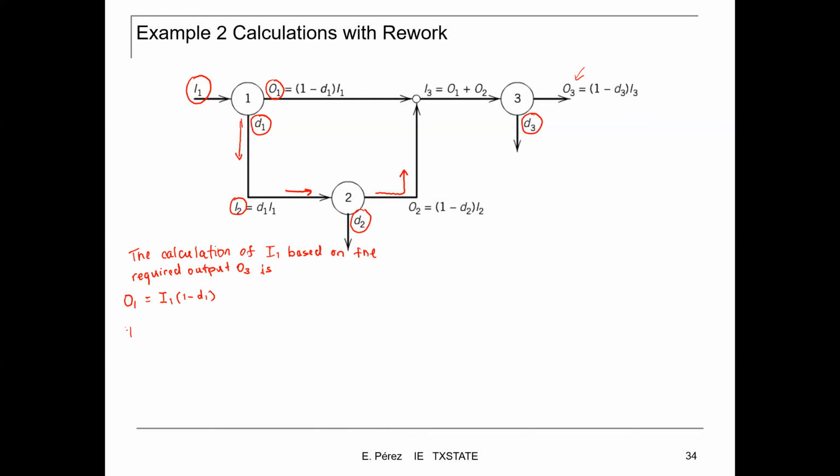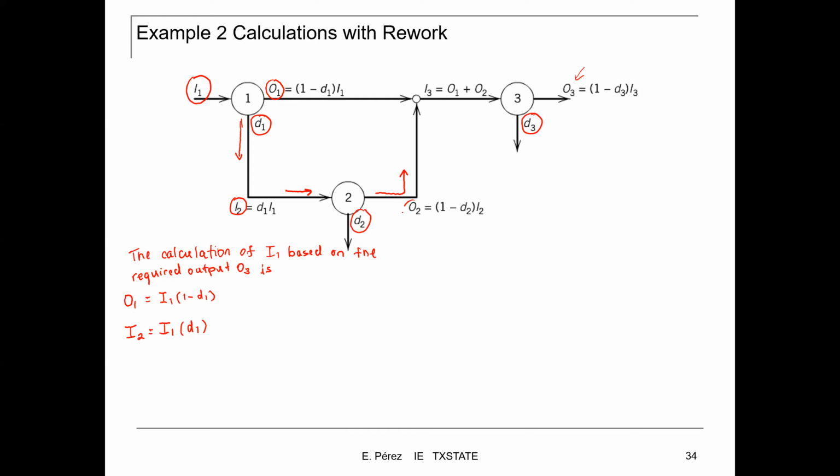So I2 is going to be equal to the input that we are going to receive in station 1 times the defects. And we know that if we sum O1 plus I2, the total should be equal to I1. Okay. So we know D1, we know I1, we know O1, we know I2.